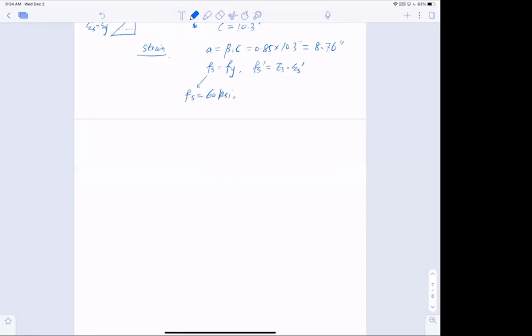Now I can compute the tension side stress, Fs equals Fy, so 60 ksi. Okay, now Fs prime: Es is the Young's modulus of the steel. Now this is the compressive strain of the steel, and that actually equals epsilon Cu multiplied by C minus ds prime divided by C, from the triangle, trigonometry.